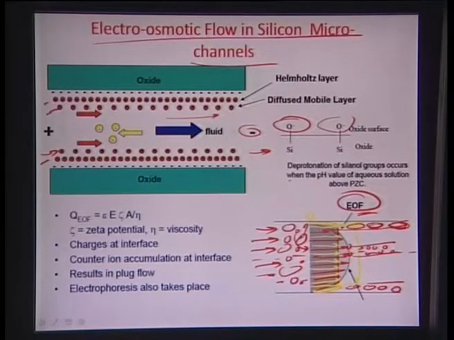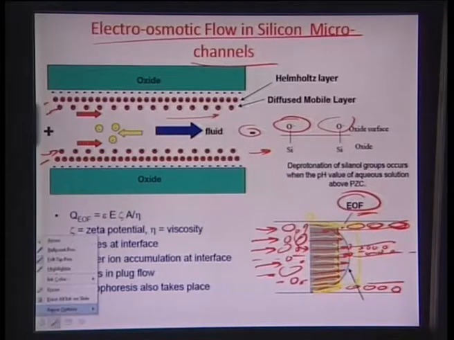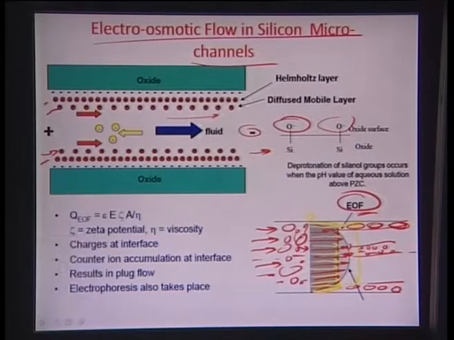Okay. So, some important observations as a summary: the flow rate of such flows is proportional to the dielectric constant epsilon, the electric field external to the channel, the zeta potential of the surface, and also proportional to the area and inversely proportional to the viscosity of the medium flowing through these surfaces.